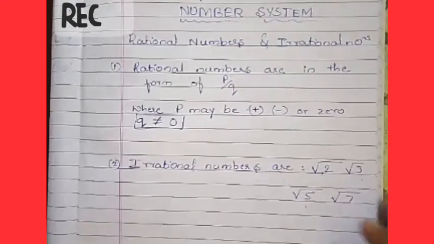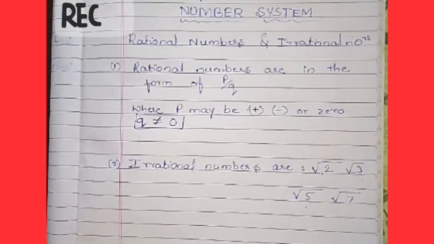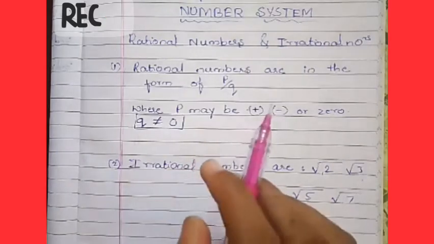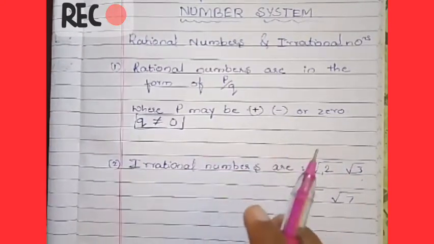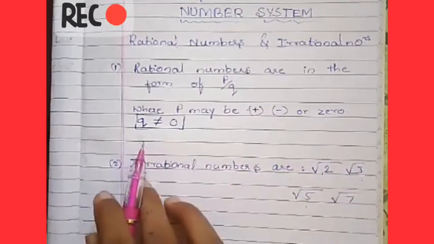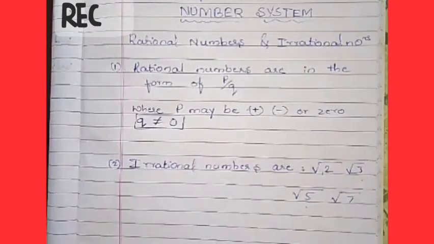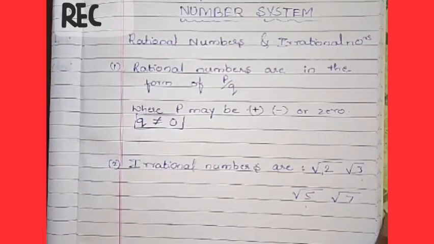Today we are going to find out them. So let's recall once again. Rational numbers are in the form of p by q, where p may be positive, negative or 0, but q should not equal 0, and irrational numbers are the square roots which do not have a perfect square.